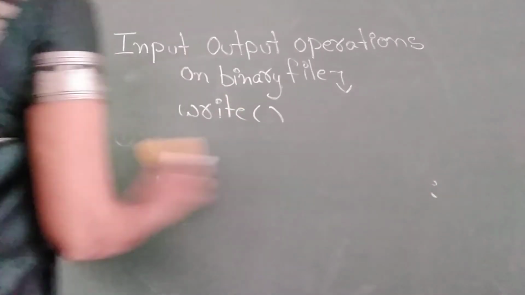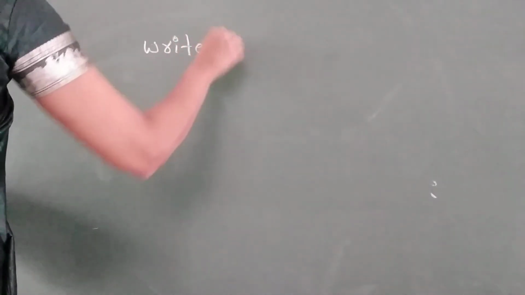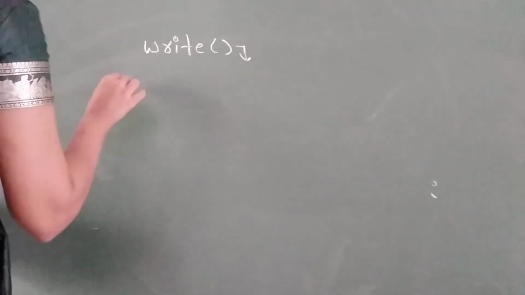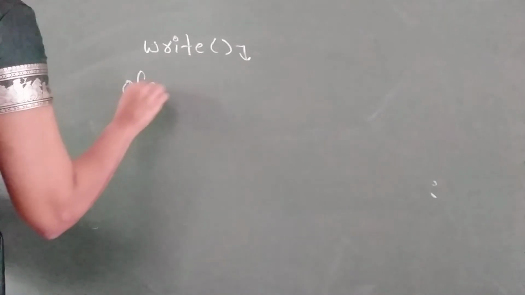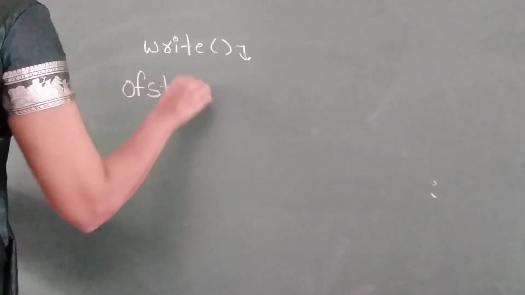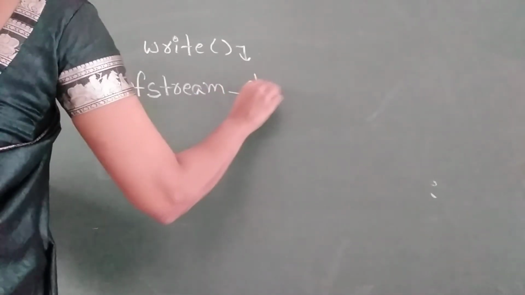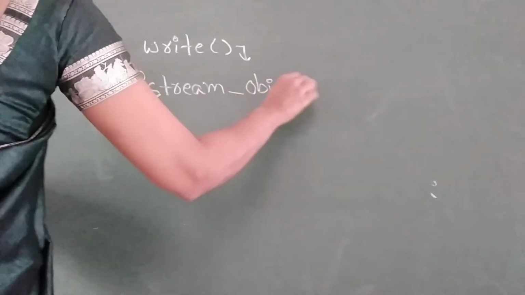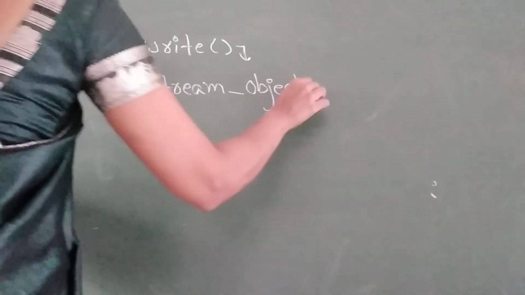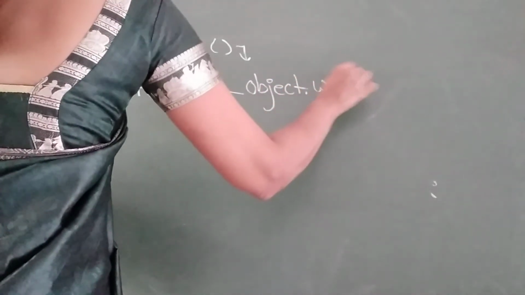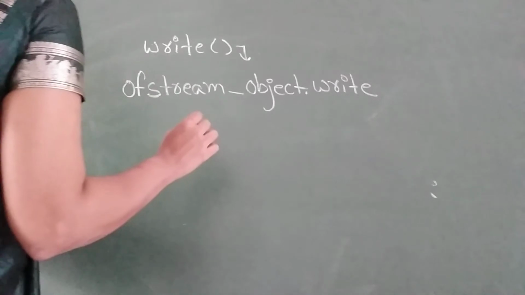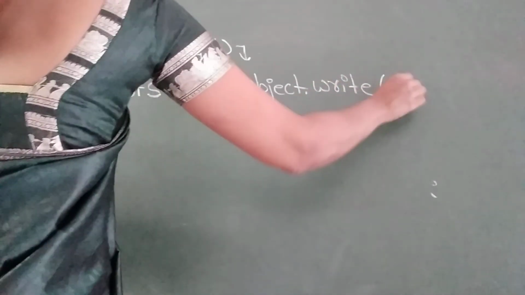Now we will see the syntax of write(). Write() syntax, you can observe here clearly. ofstream object dot write, char.